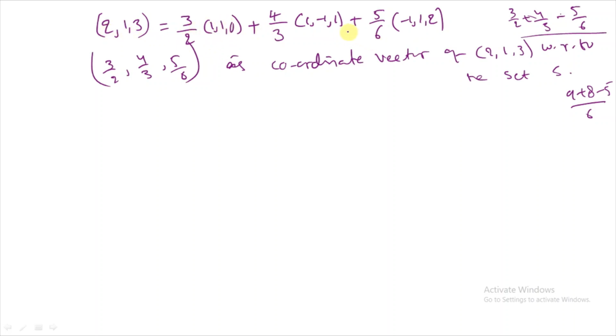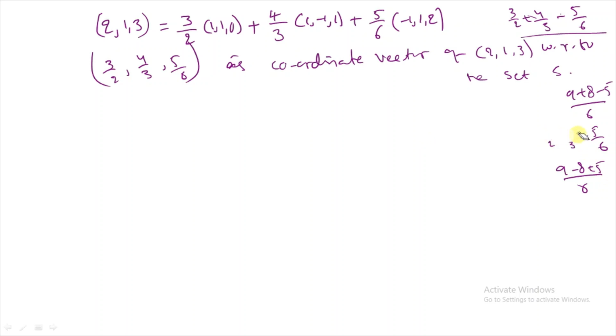Now 3 by 2 minus 4 by 3 plus 5 by 6. Again that must be 1. With 6: 9 minus 8 plus 5 is 6. 6 by 6 is 1. Again you can take the third element.